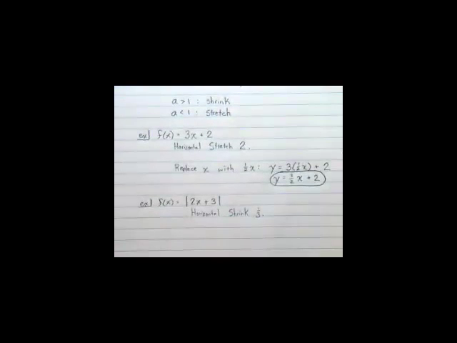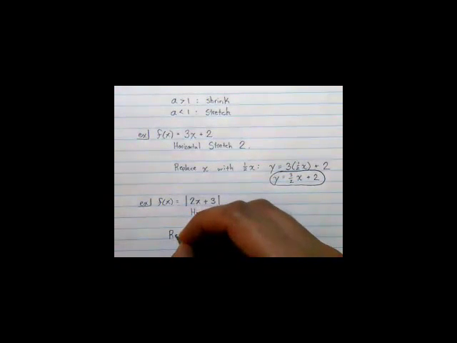Okay, so again, if I want it to shrink, the number's supposed to be bigger than 1. However, I have a 1/3. So what number am I actually going to use for a then? 3, exactly. Okay, you flip the fraction again. So I'm going to replace x with 3x this time.